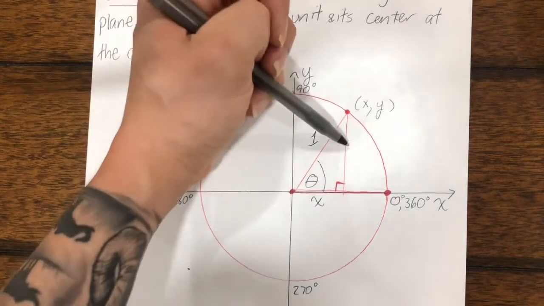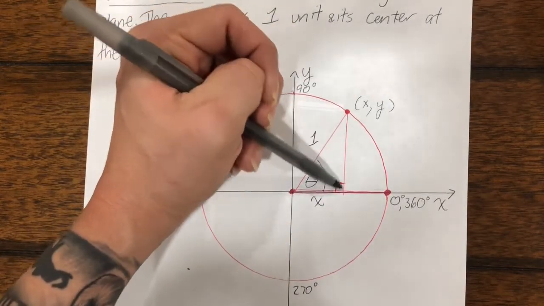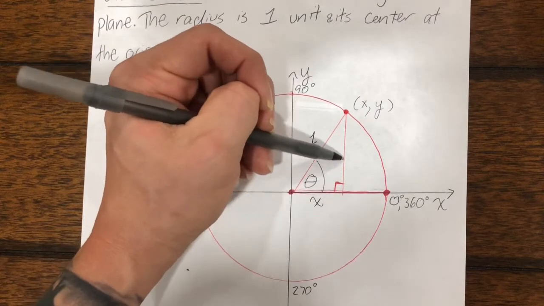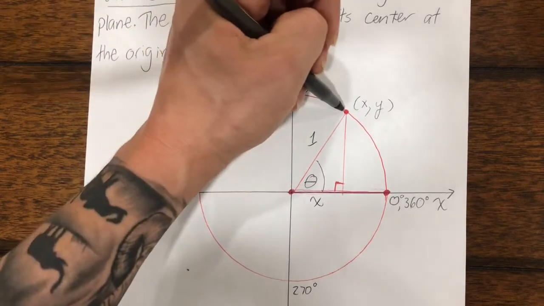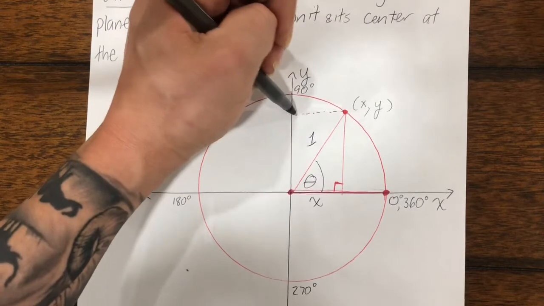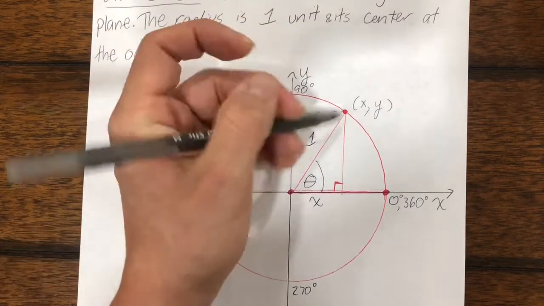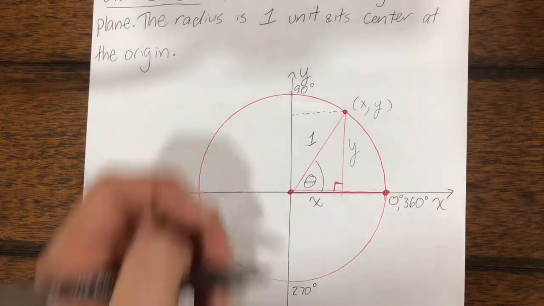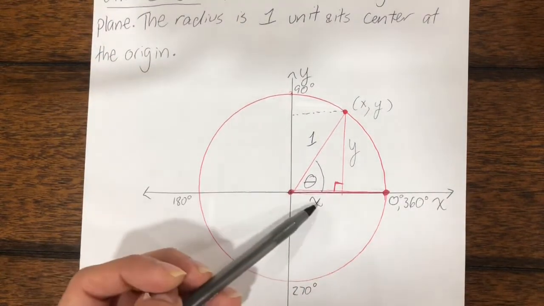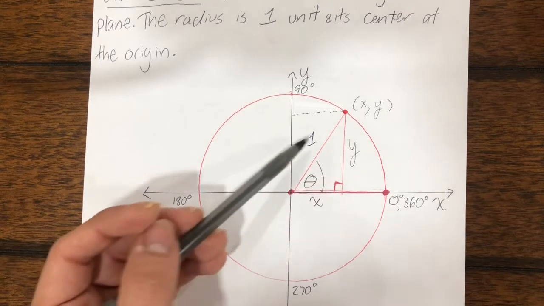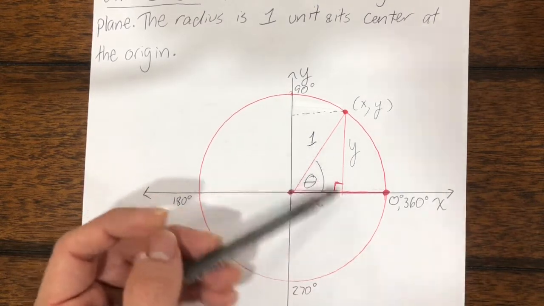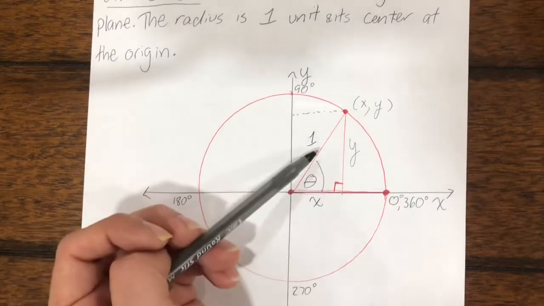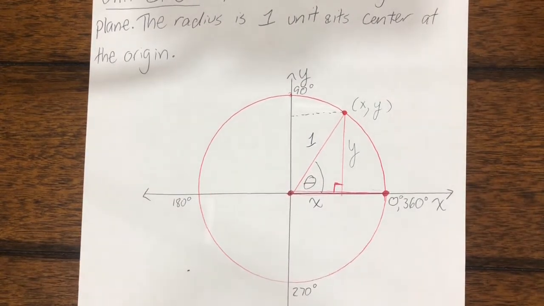Over here, it's going in a vertical direction, a y direction, so this would represent my y value. So we have x, we have y, and we have 1, and 1 is the hypotenuse, since the hypotenuse of a right triangle is always opposite to the 90-degree angle.